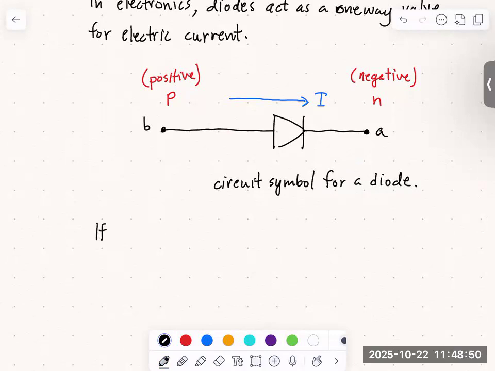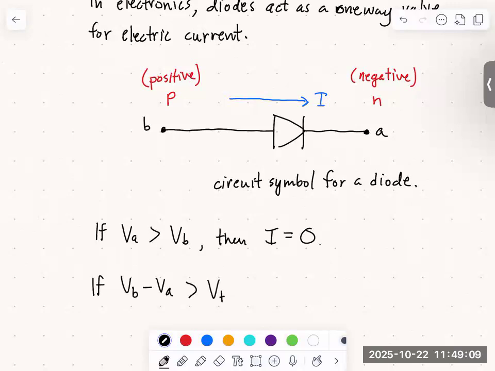So if VA is greater than VB, so we have a higher voltage on the A side than the B side, then I is equal to zero. If VB minus VA is greater than some threshold voltage, then I is not equal to zero, and we have current flow.